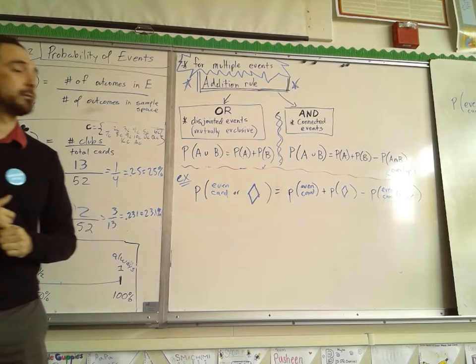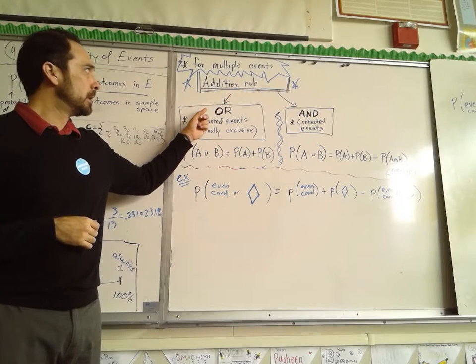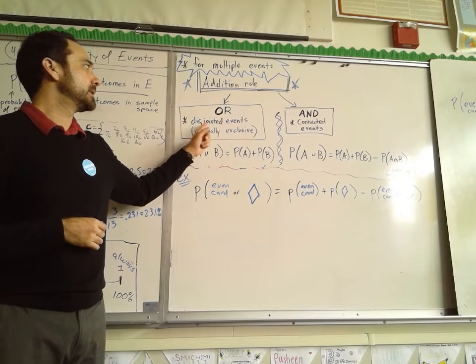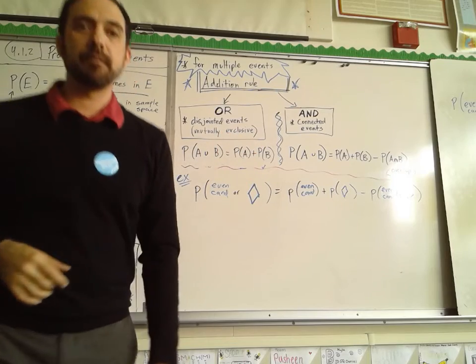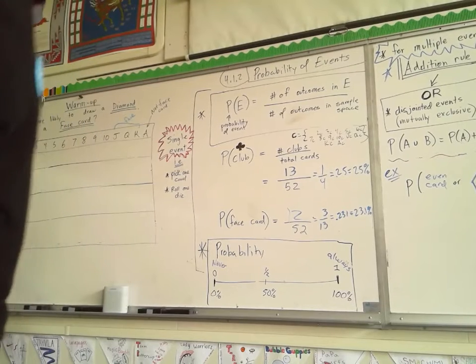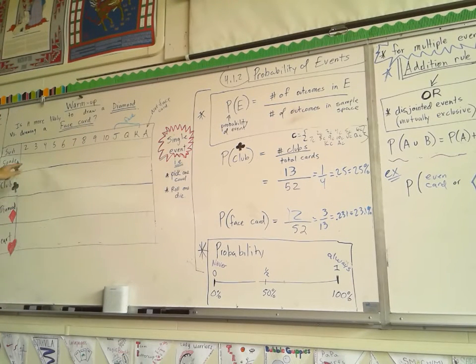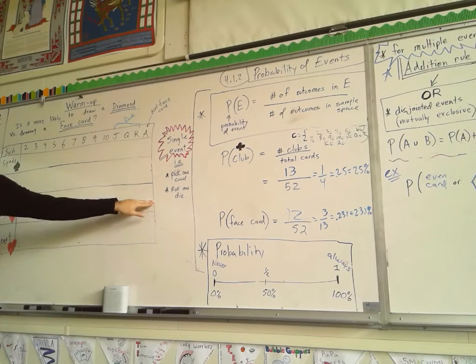Today for the addition rule, when we have an OR type event, we have disjointed events that are mutually exclusive. Looking back at drawing a card, a mutually exclusive event would be drawing a spade or a diamond. There's no overlap, right?